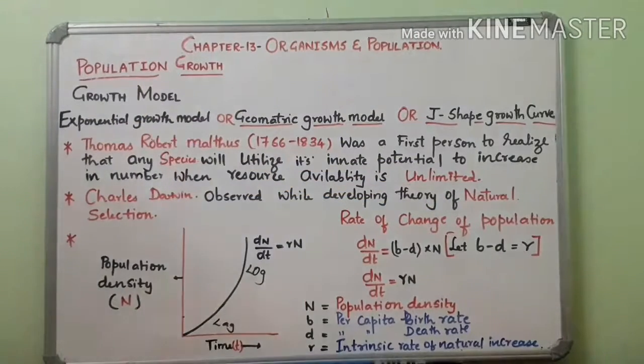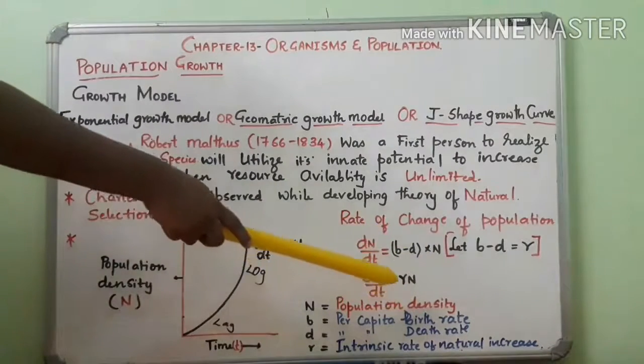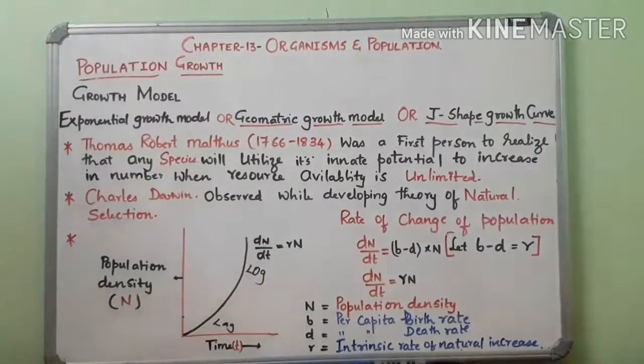What is the intrinsic rate of natural increase? It can be understood as the number of births minus the number of deaths per generation time. So (b - d) × N is dN/dt = rN. The intrinsic rate of natural increase is also called the Malthusian parameter.